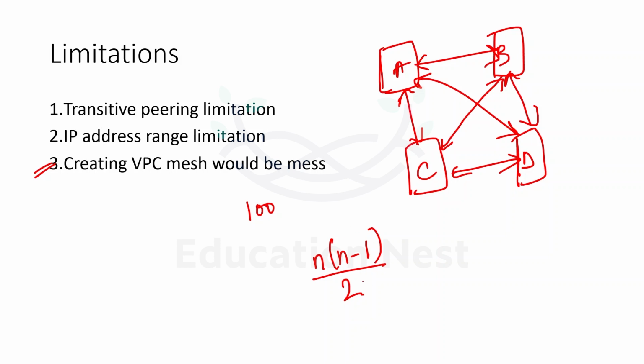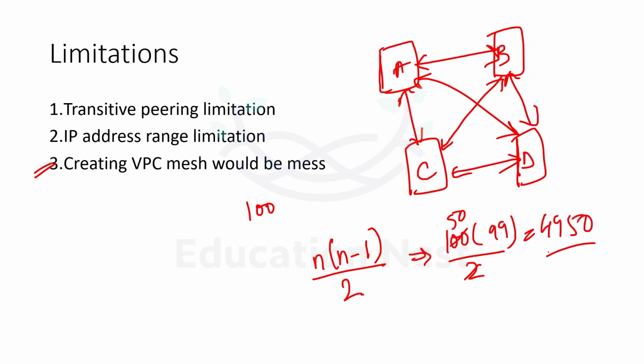This is the formula for creating the VPC mesh. With only 100 VPCs, this is 99 times 50, which gives a very large number: 4950. So you have to create 4950 VPC peering connections, manage those, and create such route table entries.